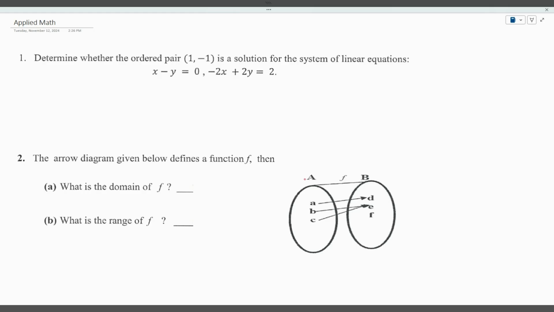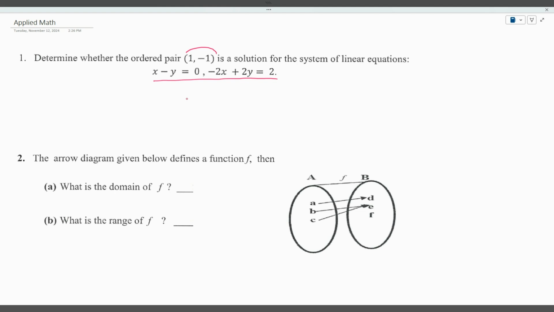The solution of a system of linear equations is represented by an ordered pair. If this is a solution, then it must satisfy all the equations.